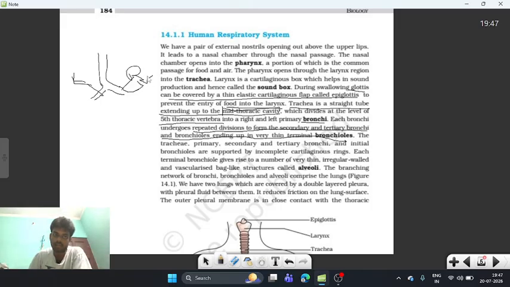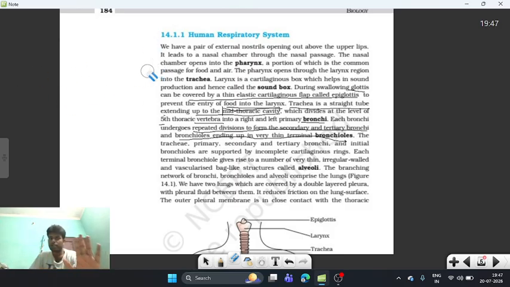This goes further like this, and finally very thin terminal bronchioles. Think of a tree: the branches are firstly very fat, then they go narrower, and finally they have a very thin kind of branch which contains the leaves.